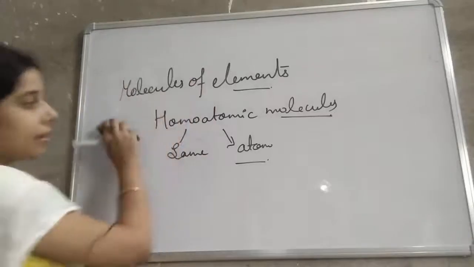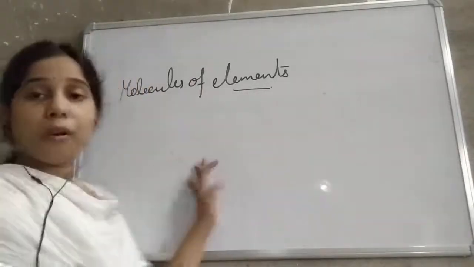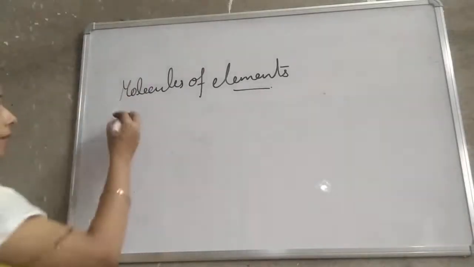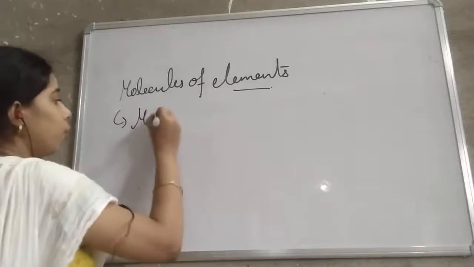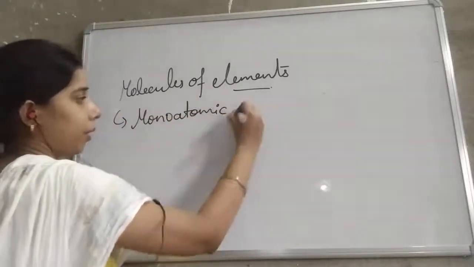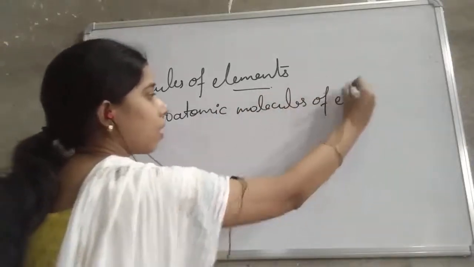Now we can understand it with the different types. That is, the molecule of element is also divided into different types. The first one is the monoatomic molecules of elements.